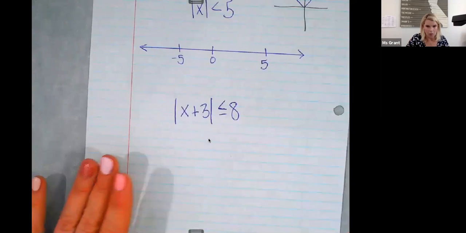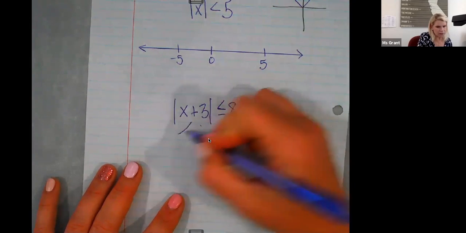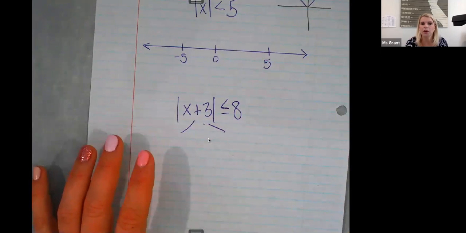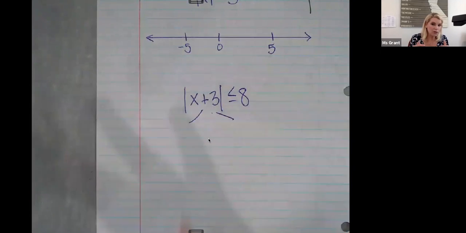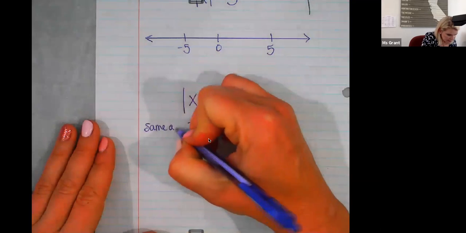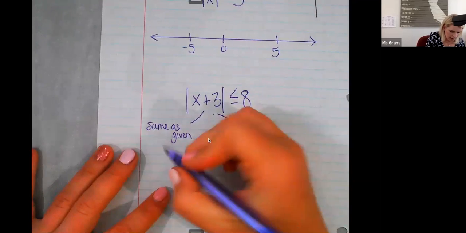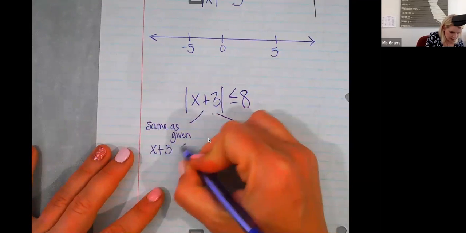So what this is, I'm going to make 2 equations for this, and then I'm going to do the way it's written. So the one side is the same as it's given to you. So I'll do x + 3 is less than or equal to 8.